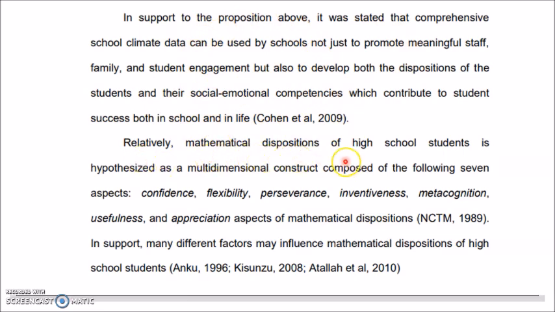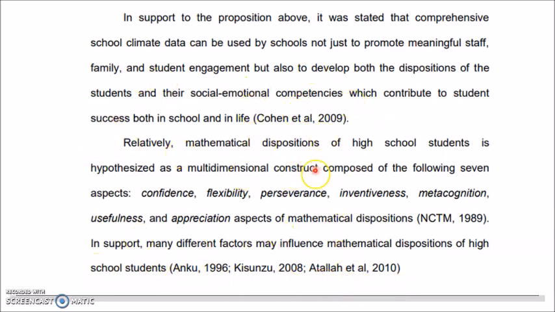Relatively, mathematical dispositions of high school students is hypothesized as a multidimensional construct composed of the following 7 aspects. Confidence, ayan, these are the indicators. Okay, so ang source niyan, in support, many different factors may influence mathematical dispositions of high school students. So, ayan mga sources.